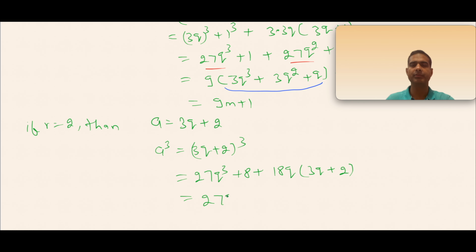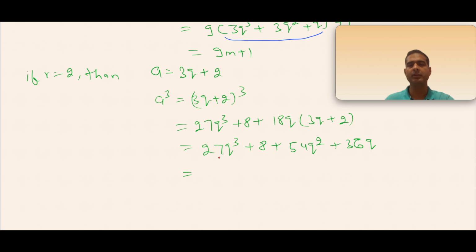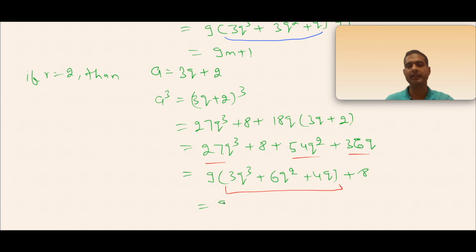So if we simplify it, 27q cube plus 8 plus 18 into 3, 54q square, plus 18q into 2 is 36q. Now if we again check, all these numbers are multiples of 9, so we can take 9 common. So here it will be 3q cube and 6q square and 4q, plus 8. Again, this is a positive integer. We can assume it as m, so I can write it as 9m plus 8.